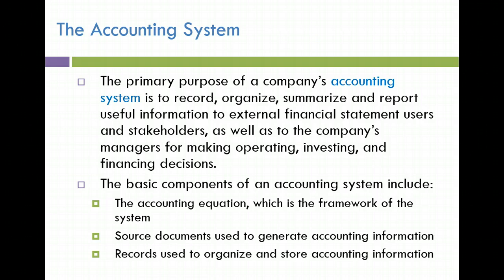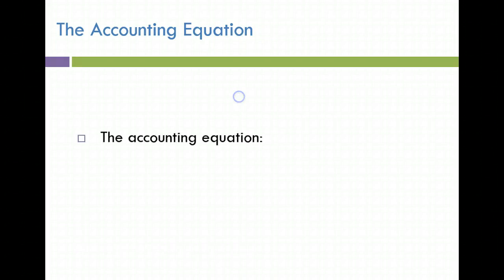So we take all these records and we store all this accounting information in a system of accounts. The accounts house the various information. And then from there, after we post those transactions, create a trial balance, prepare some adjusting transactions, we end up with financial statements that we issue to users.